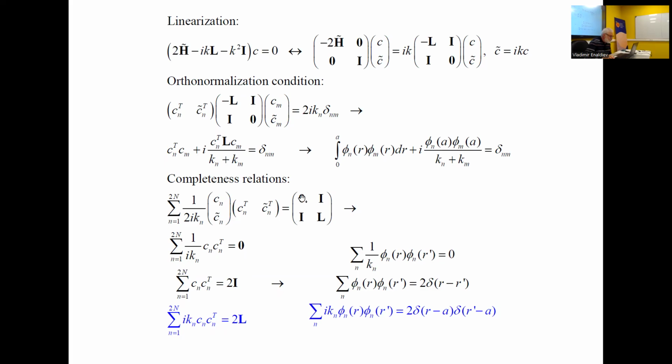This means that we calculated this product and took the left upper element and equated it to 0. This means that we equate to 1, but there is one more equation which comes from the bottom right corner. So these 3 sets of relations for this eigenvector C follow from this completeness relation in the extended space of dimension 2 times n.